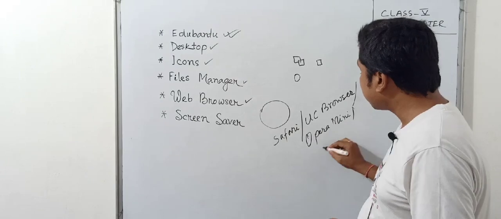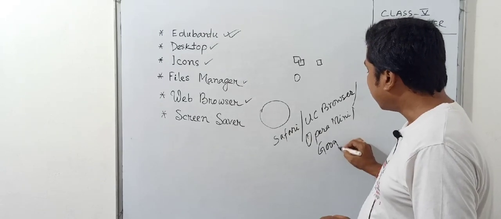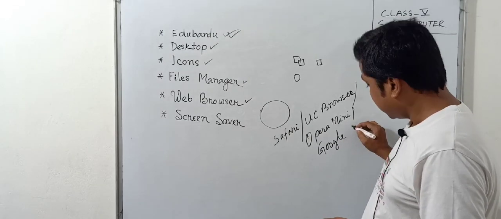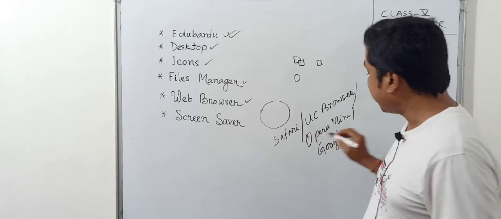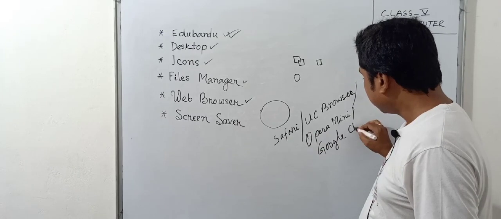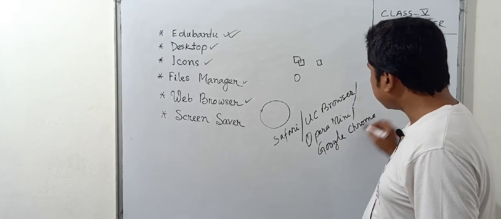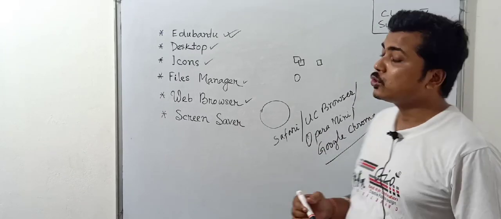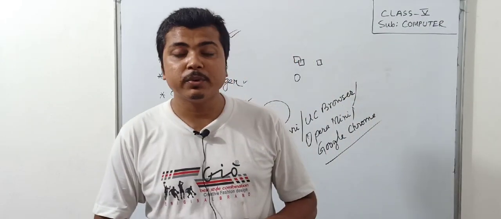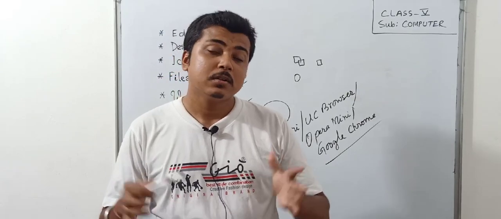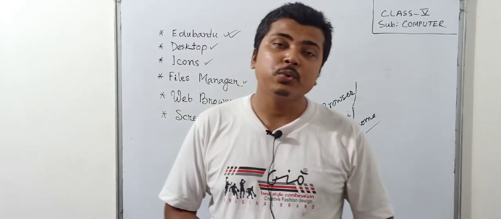Out of these, surely you have at least one in your computer or mobile phone. So a web browser is a software that is used to surf the internet. Without the help of a web browser we cannot surf the internet or go to any website.